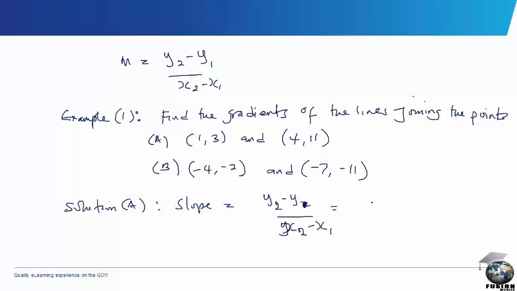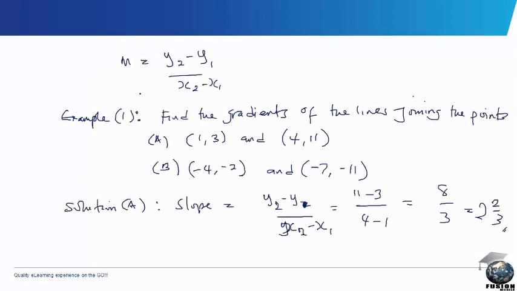So we have 11 minus 3 all over 4 minus 1, and so we have 8 over 3. This becomes the slope for these two points.